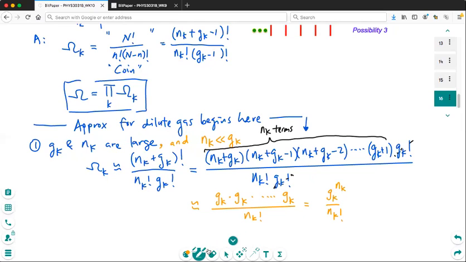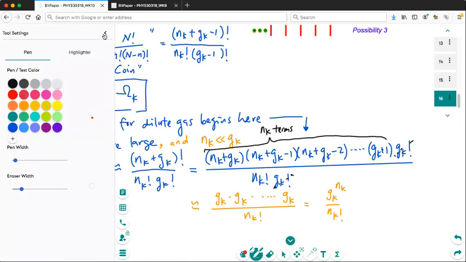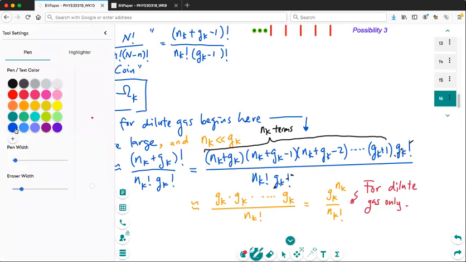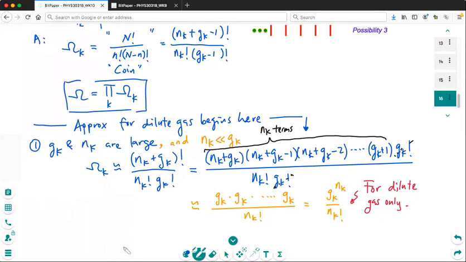Okay, so let me warn you here. Or I already say here, but in case you are not very observant, this result is for dilute gas only. So this is 1.